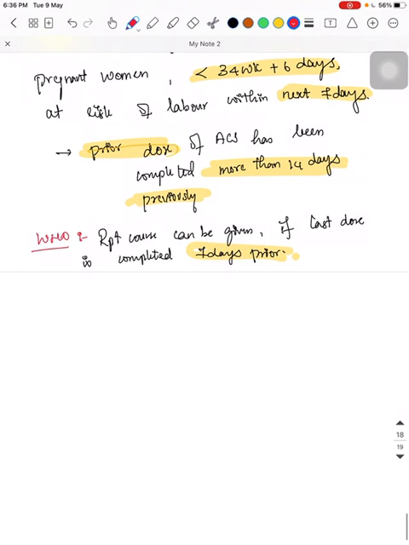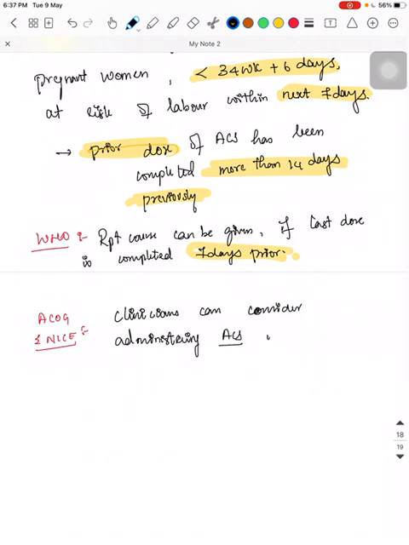This is according to ACOG and NICE guidelines. Okay.